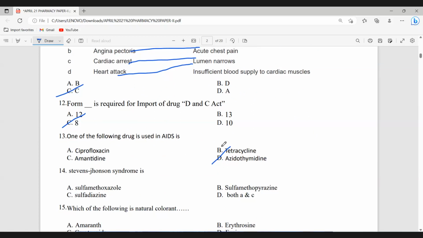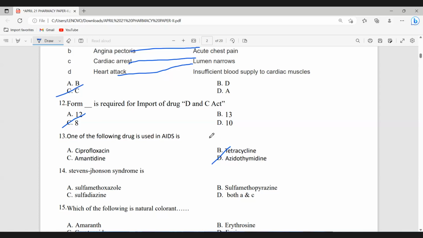Ciprofloxacin is used in urinary tract infections. Tetracyclines are used to treat UTIs, acne, and chlamydia infections. Chlamydia infections are bacterial infections.